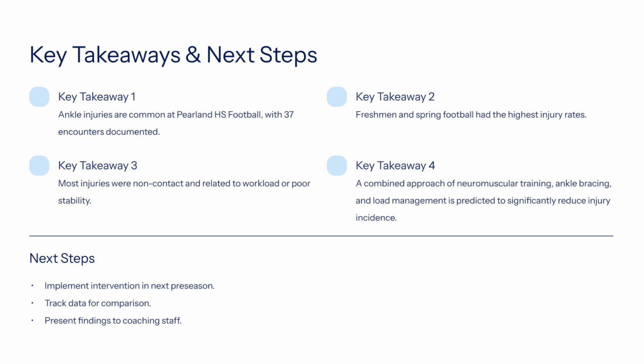The third takeaway was that most injuries were non-contact, related to overload or poor stability, which you would think would be the opposite because football is such a physical sport, but a lot of the ankle injuries were happening from non-contact. The fourth and final takeaway was that a combined approach of neuromuscular training, ankle bracing, and load management is predicted to significantly reduce ankle injury incidents overall.